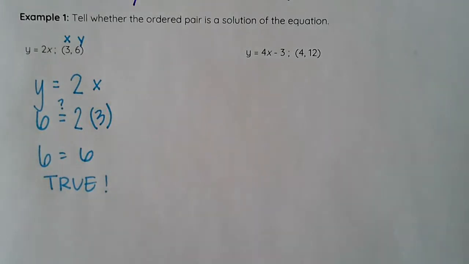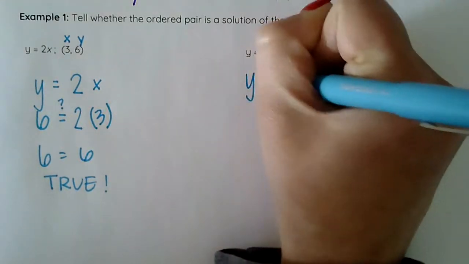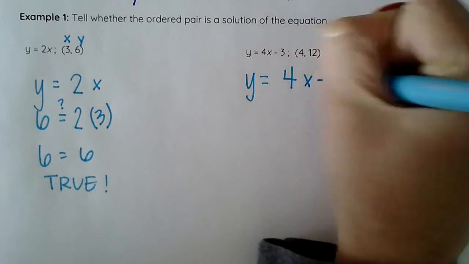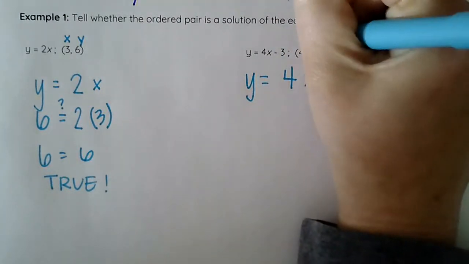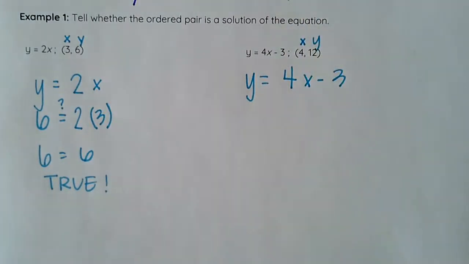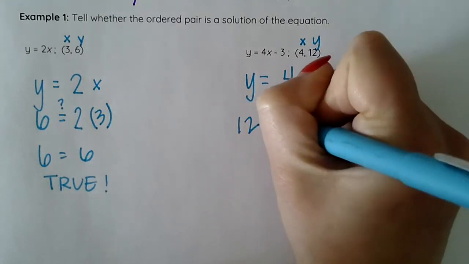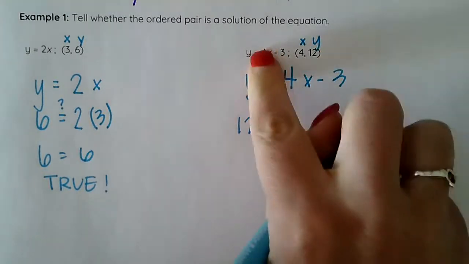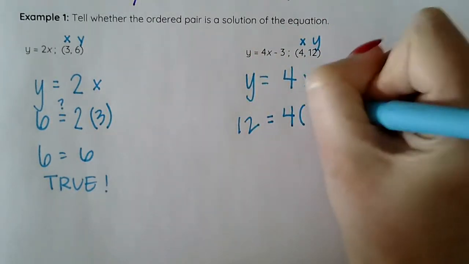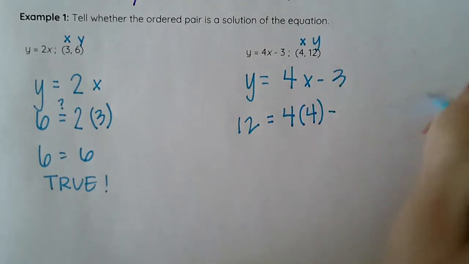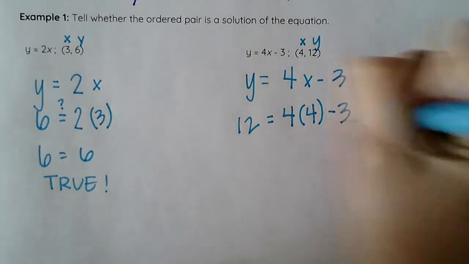Let's try a second one here. Again, we are going to rewrite our equation, remembering that my first value is my x value, my second one is my y, and I substitute in. So in place of y, I've got a 12. 4 stays the same. It multiplies with x, which is 4, and then minus 3.